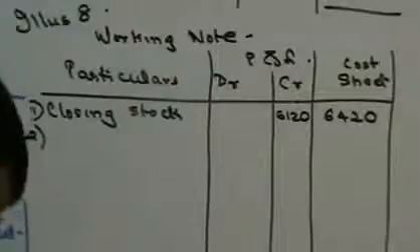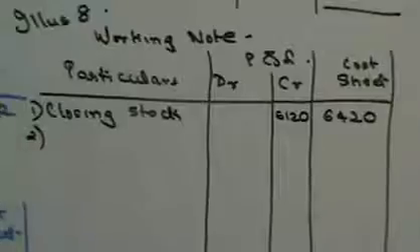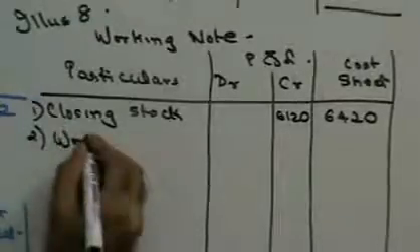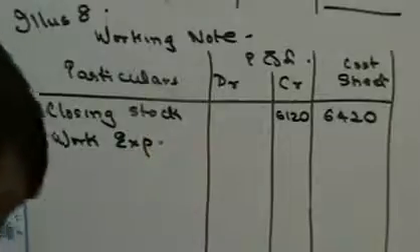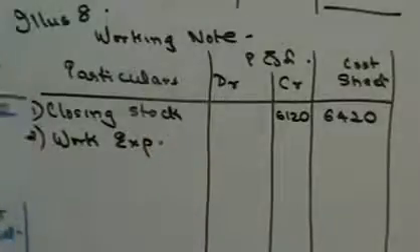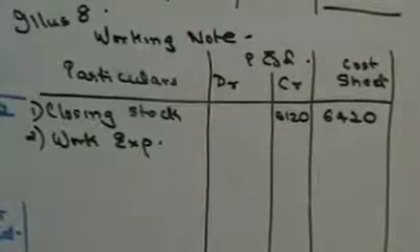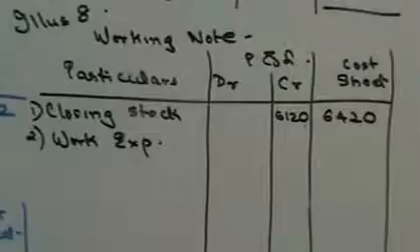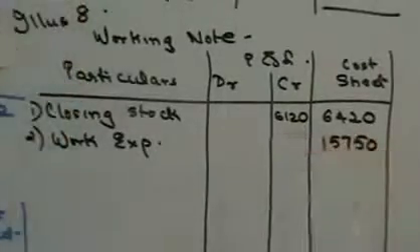Next, work expenses are taken as 100% of direct wages. So in costing, work expenses are taken as 100% of direct wages. Please look at direct wages in your P&L account. Direct wages in P&L account are 15,750. 100% of 15,750 will be 15,750.